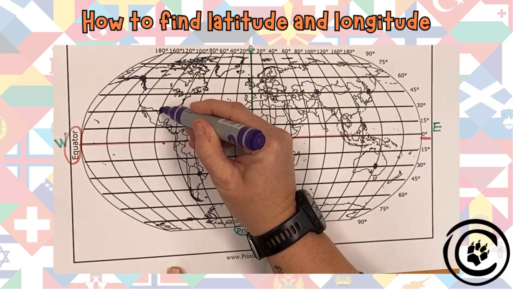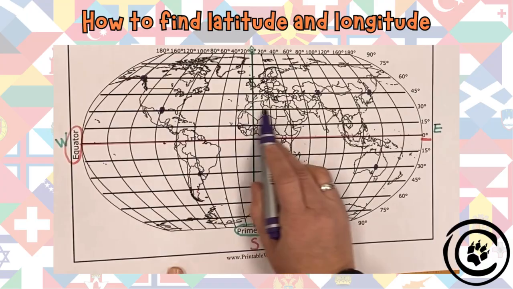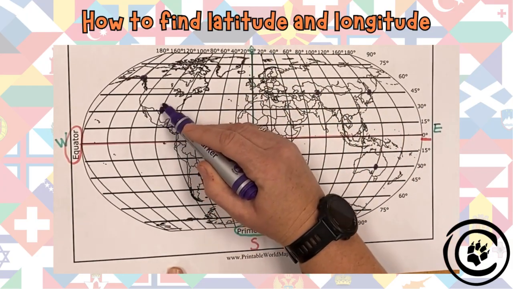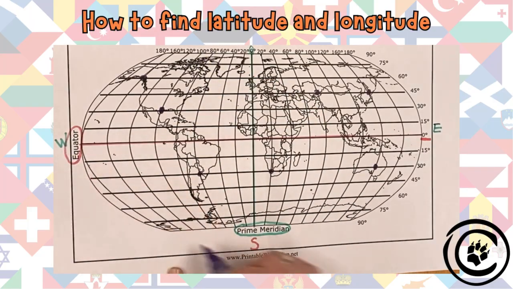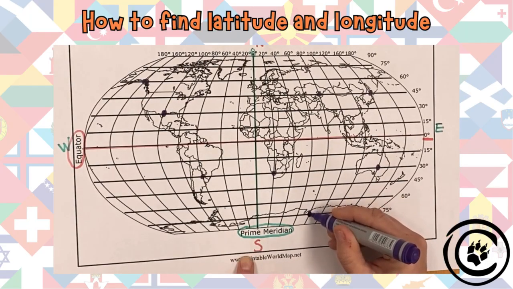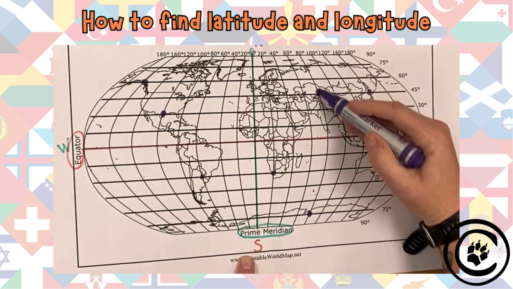Here in North America, we are at 30 degrees north and 100 degrees west. And lastly, here we have 75 degrees south and 80 degrees east.